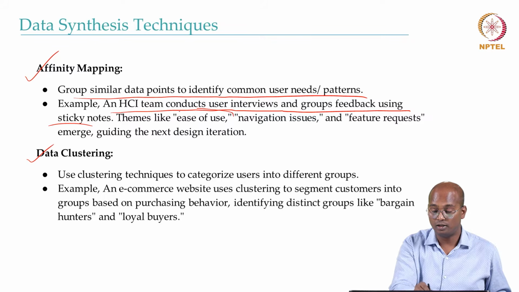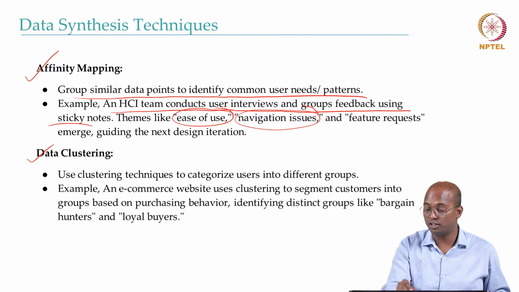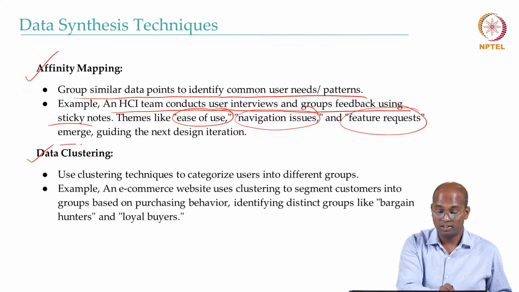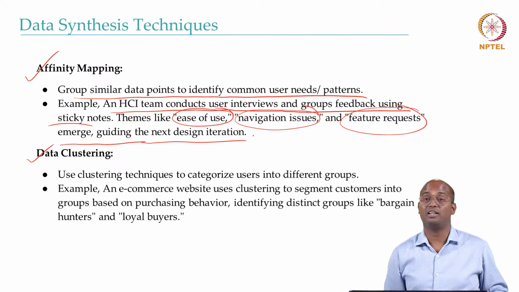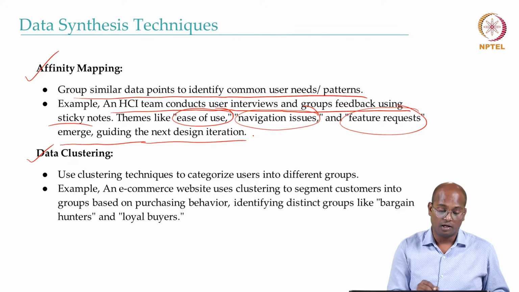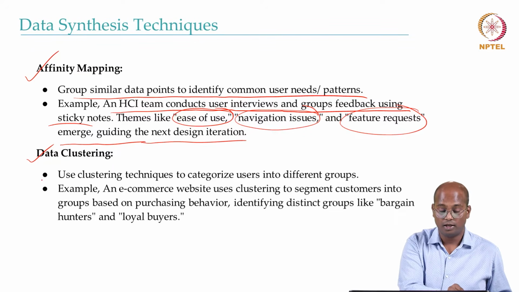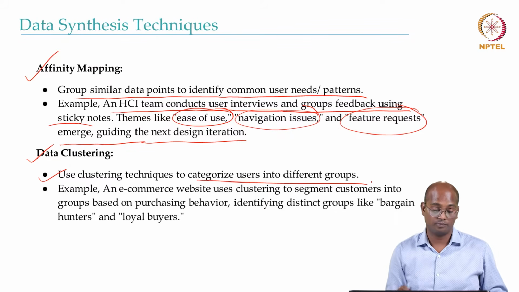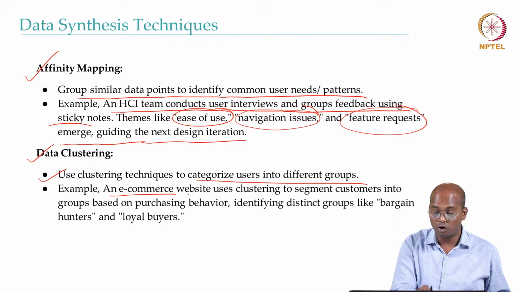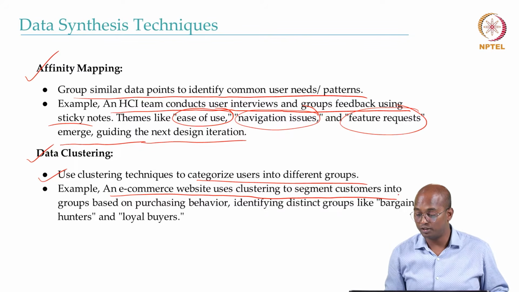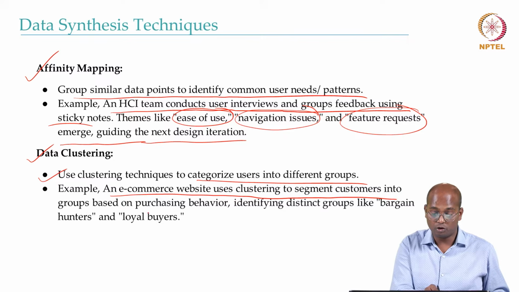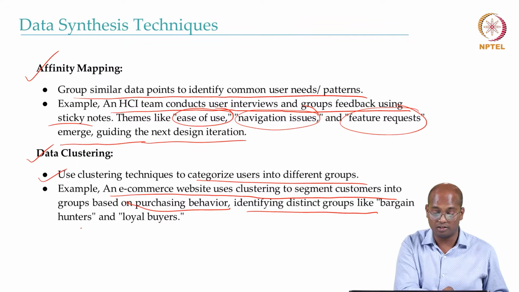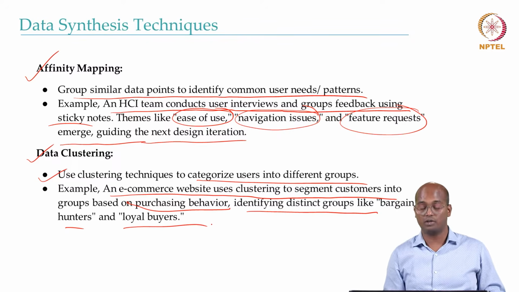Themes like ease of use, navigational issues, feature requests emerge and guide the next design iterations. In data clustering, it uses different clustering techniques to categorize users into different groups. For example, an e-commerce website uses clustering to segment customers into groups based on purchasing behavior, identifying distinct groups like bargain hunters or probably the loyal buyers and so on.